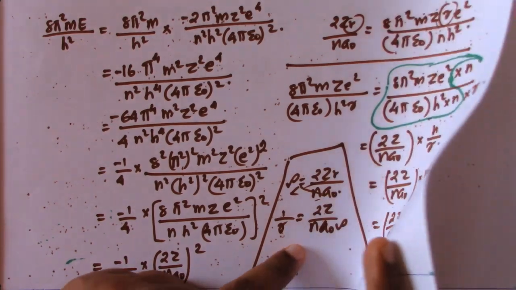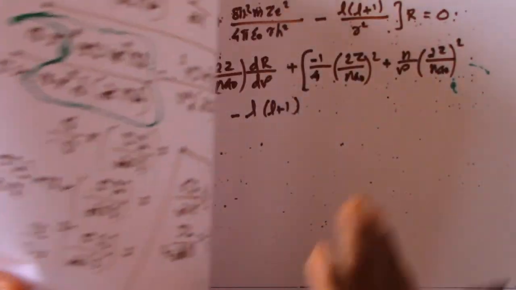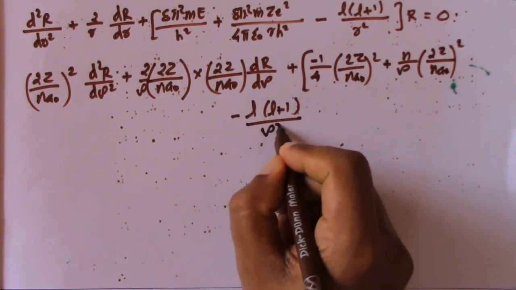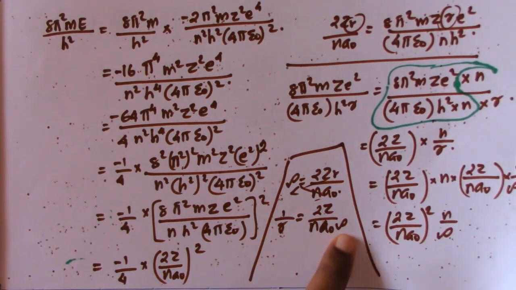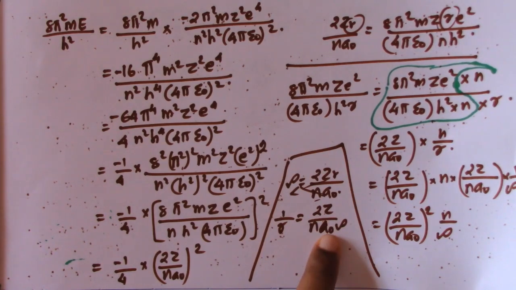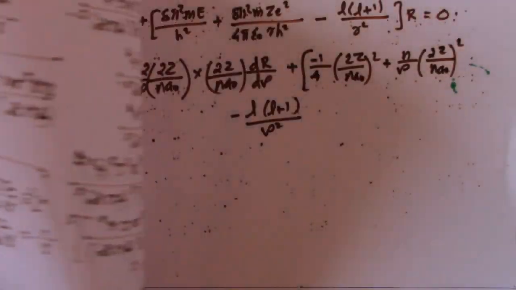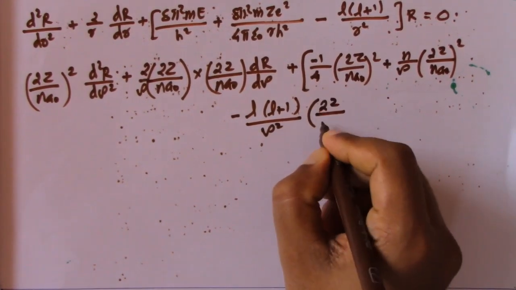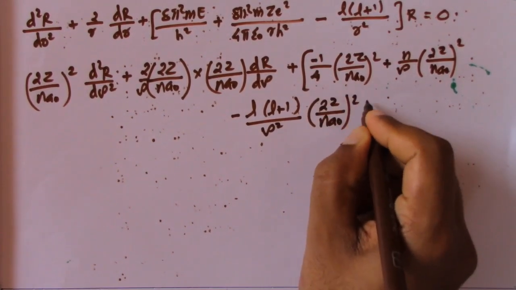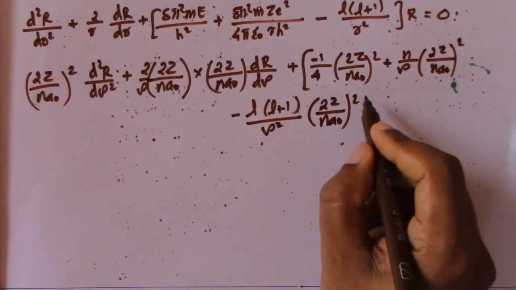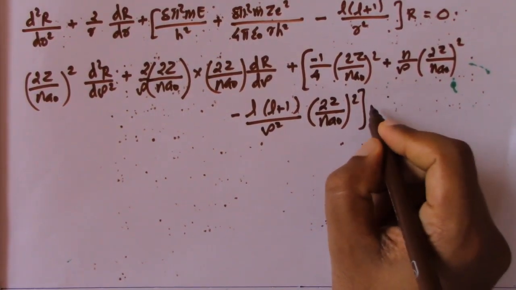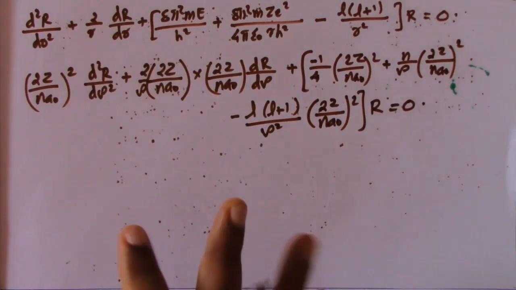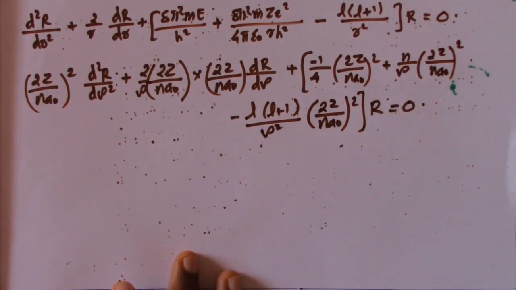So we have a ρ² in the denominator, because the ρ² comes from here, and what is remaining is (2Z/na₀)² into R is equal to 0. So we have substituted for all the terms.